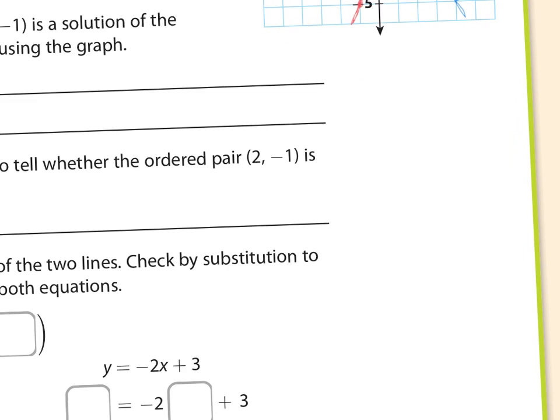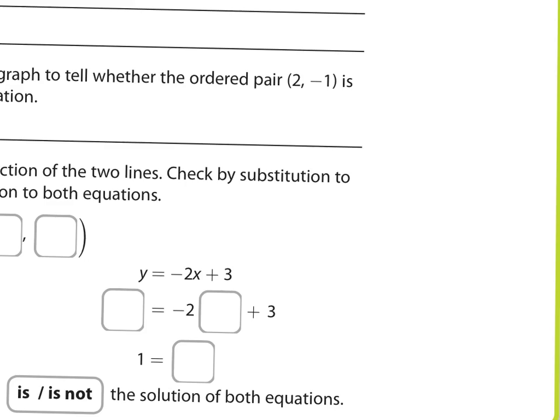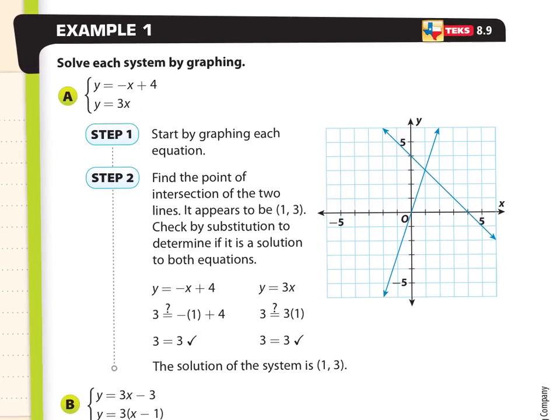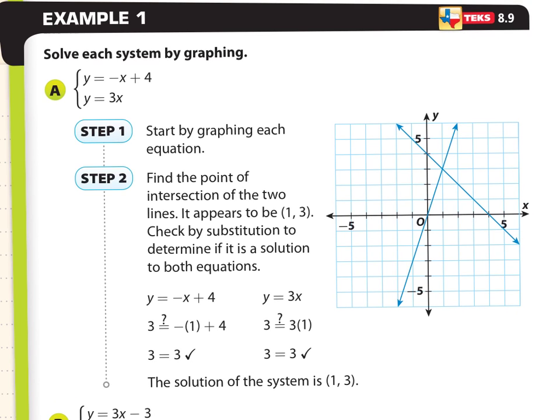Now, if I go to the next page, you can see they already have this one done for us. We have our two lines, our system over here. They've already graphed them. So this coordinate right here, where they cross, is our solution to the system. What's the coordinates at that point?